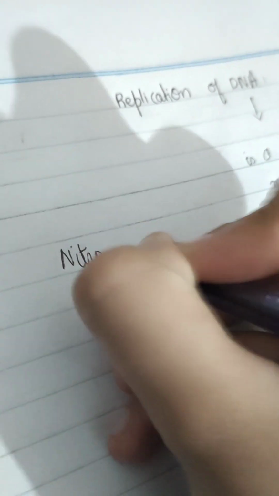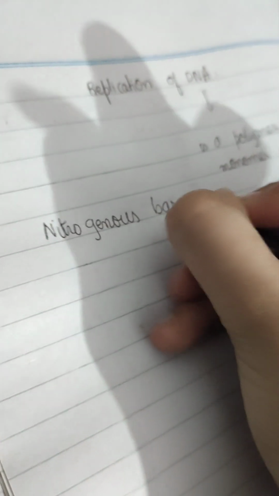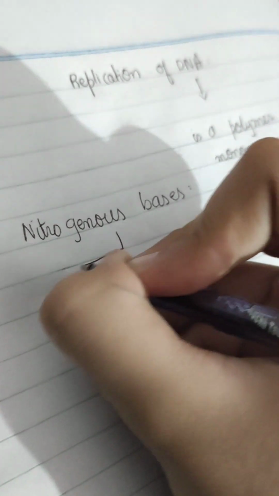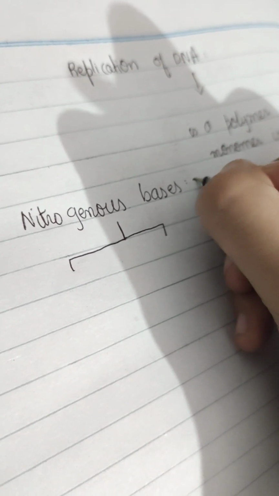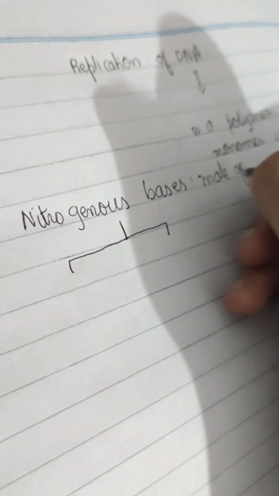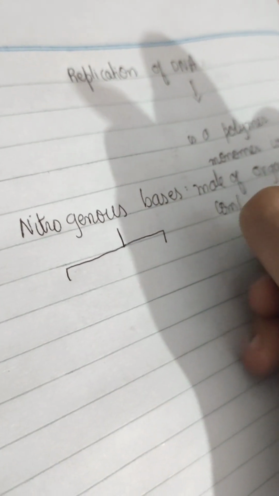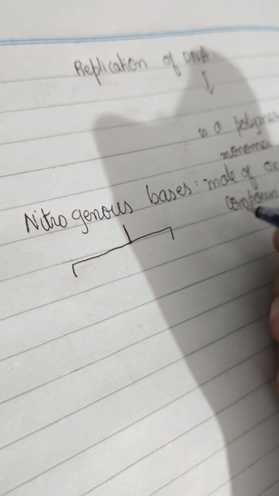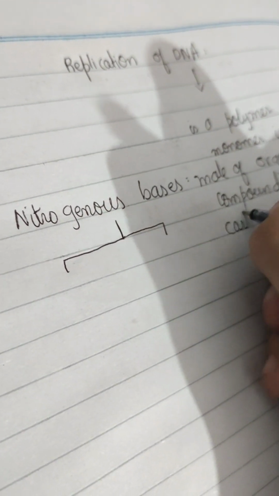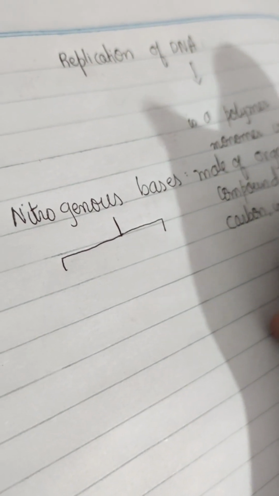Nitrogenous bases are of two types. Basically, they are organic compounds, and their composition includes carbon and nitrogen.